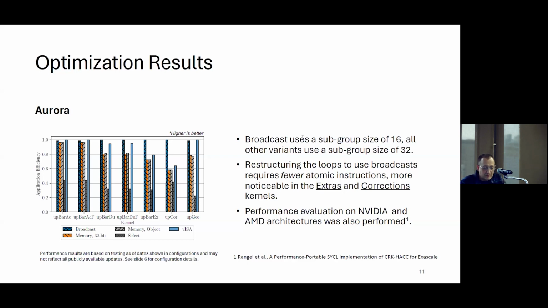One of the reasons the broadcast version is the most performant there is that, because of the way the loops were restructured, we could also reduce the number of atomic instructions that we needed to use, and that accounts for the performance difference. We have the same plot available in a paper we published at P2HPC that shows the same effect on the NVIDIA and AMD architectures.